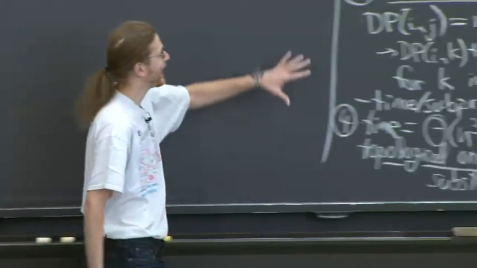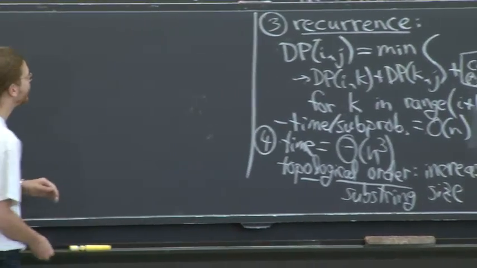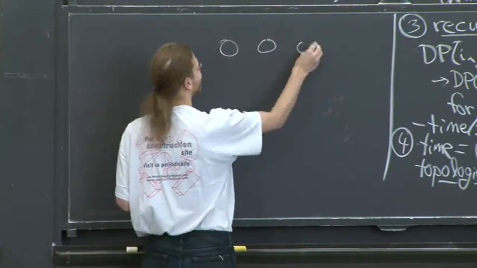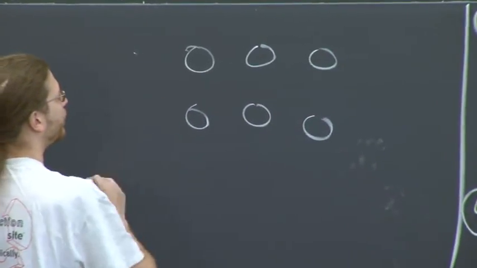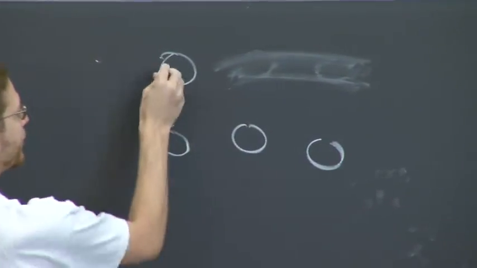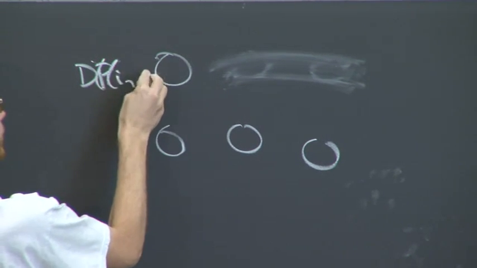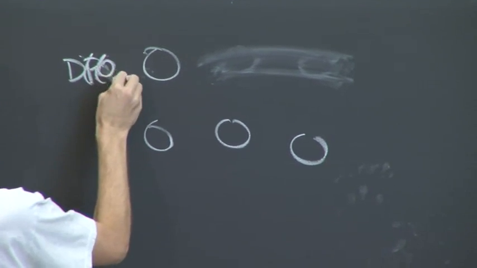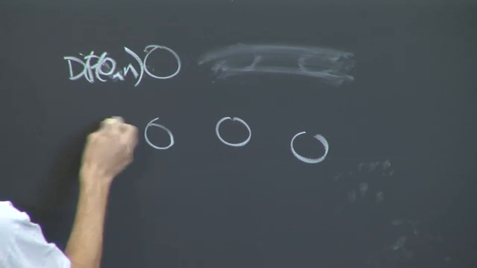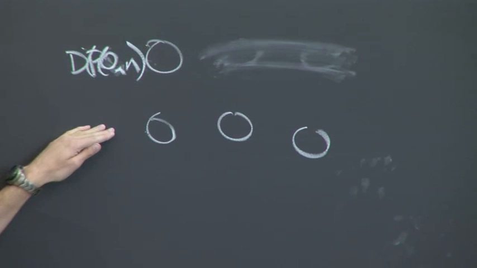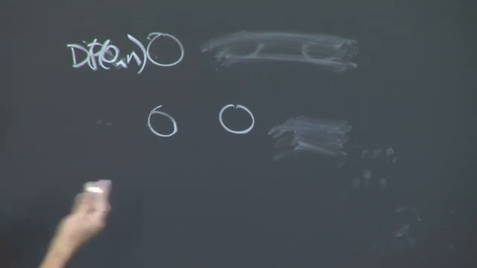Exercise: try to draw the DAG for this picture. It's a little harder, but I'll do it for you. Let's say at the top there's everything, the longest substring. That would be from 0 to n. Then you have just 2 different ways to have a slightly smaller substring.